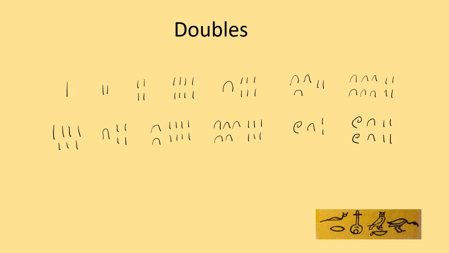If I read the doubles of 7 from left to right now, I have 7, double that 14, double 14 we get 28, double 28 we get 56, double 56 we get 112, double 112 we get 224. And for that, I say Gem Mek Nefer.